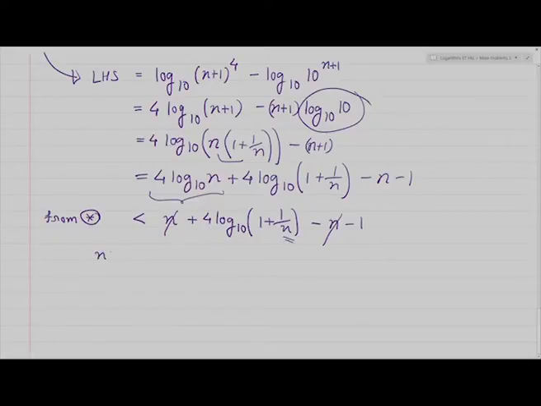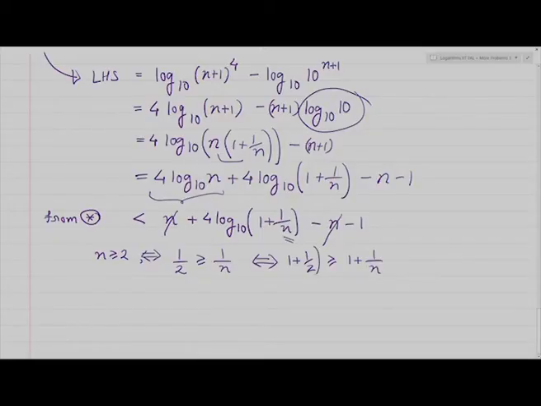If n is greater than or equal to 2, what does this mean? This if and only if 1 by 2 is greater than or equal to 1 by n. Can I add 1 on both sides? Yes, I can add. Therefore 1 plus 1 by 2 is greater than or equal to 1 plus 1 by n.